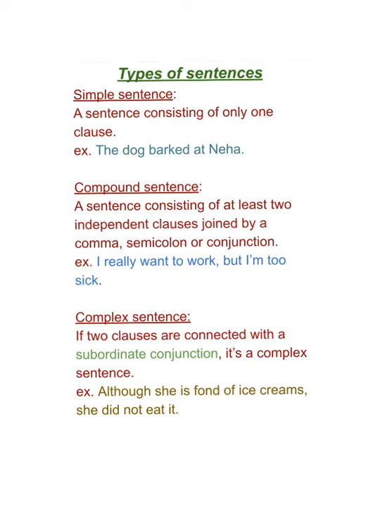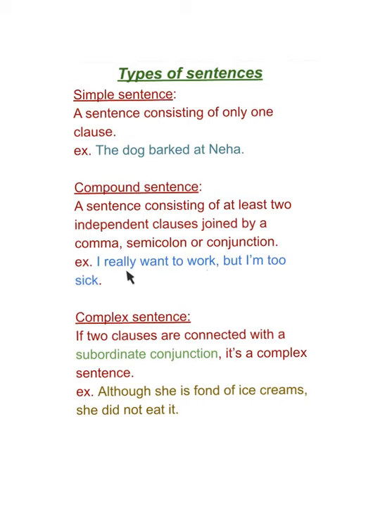What is a compound sentence? A sentence consisting of at least two independent clauses joined by a comma, semicolon, or conjunction. Example, I really want to work, but I'm too sick. Here, there are two independent sentences.